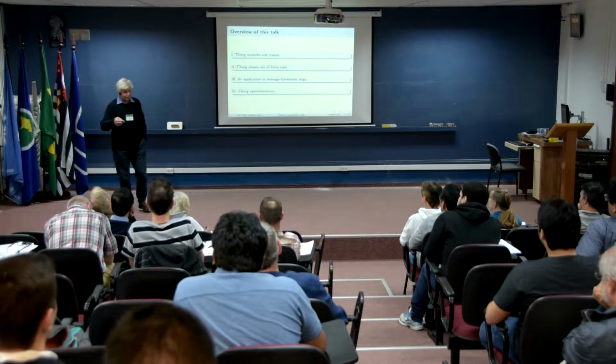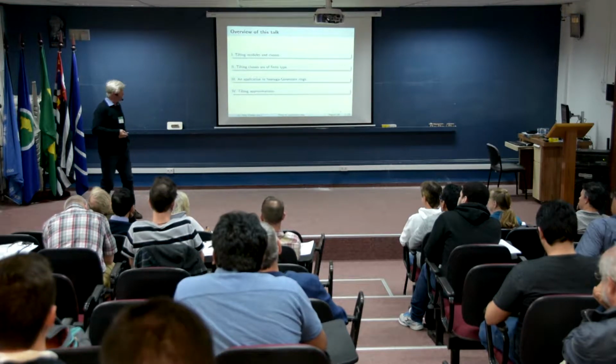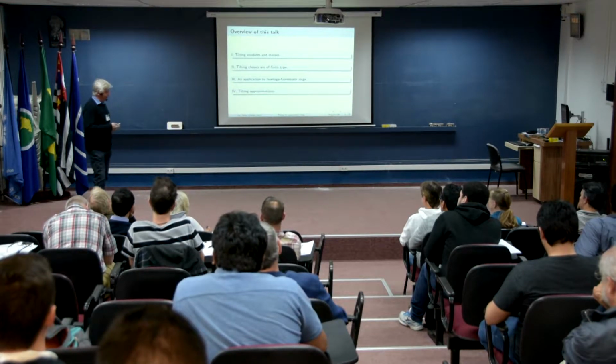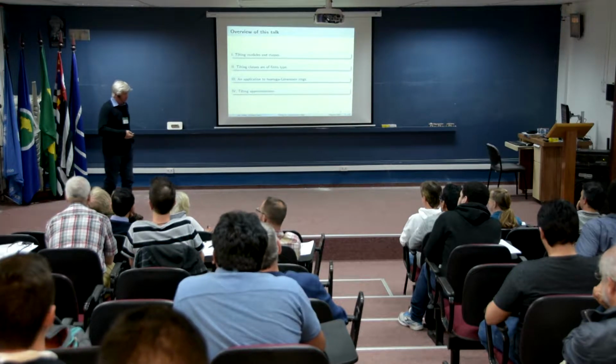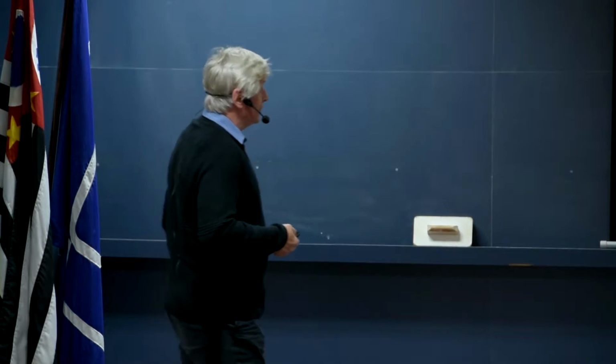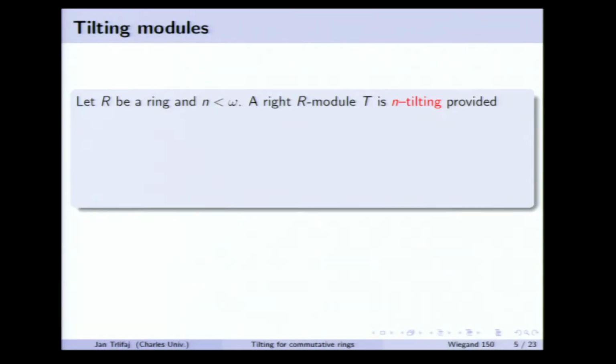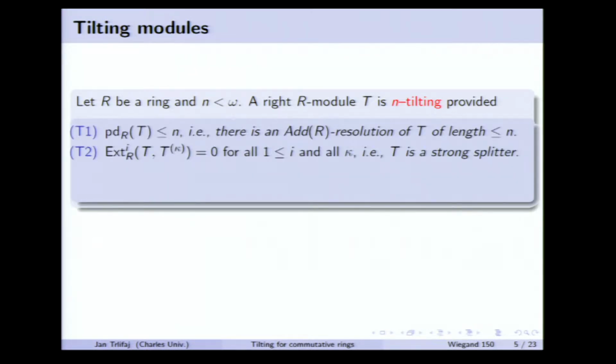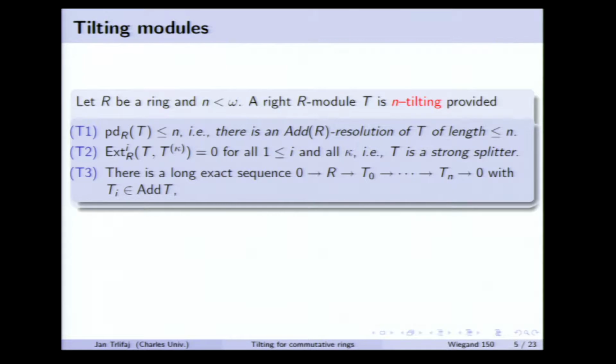But the theory was developed gradually in many directions. So this is the direction which goes to infinitely generated modules, and in particular it makes, as I said, it's interesting in the commutative setting. So the definition is essentially the same as it was in 1974, except you allow, or maybe a bit later, you allow for infinitely generated modules.